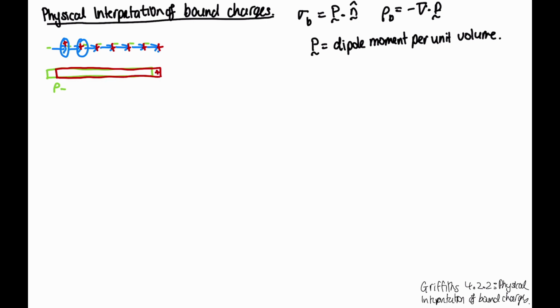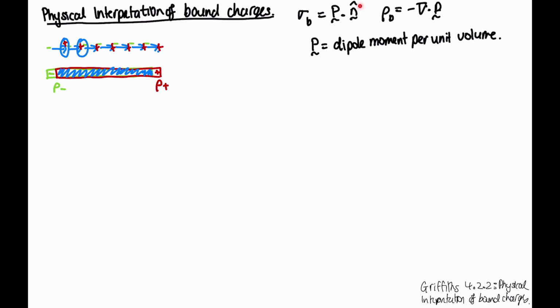So this is positive and this bit's negative, and this is our positive charge density. And yet everywhere in between here, the charges cancel out. So we've got no charge there, but we're then left with this negative end down here and a positive end up here. So this can be a useful way to set up problems.